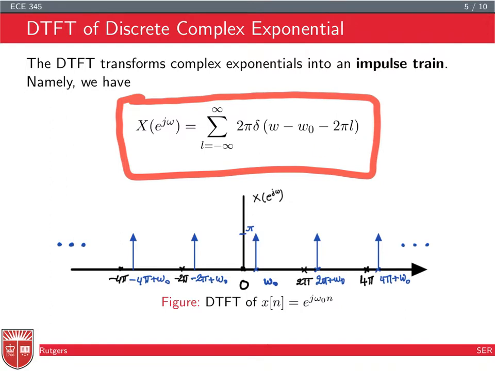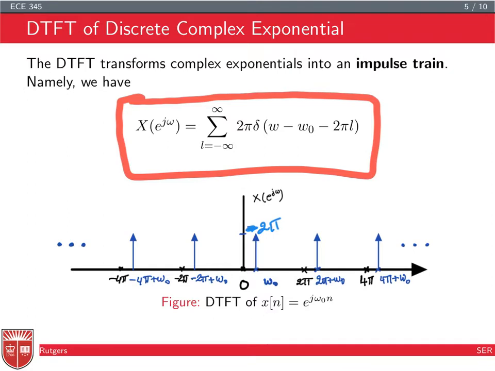So here is the sum from L equal to minus infinity to plus infinity, 2π δ(ω − ω0 − 2πL). Now I can see here already a typo. So let me fix that. Here it's 2π, it's not π.